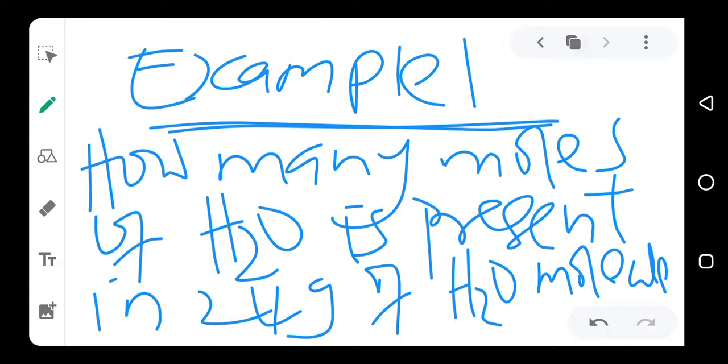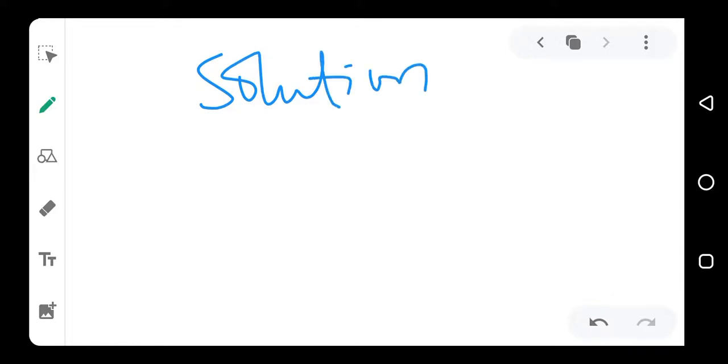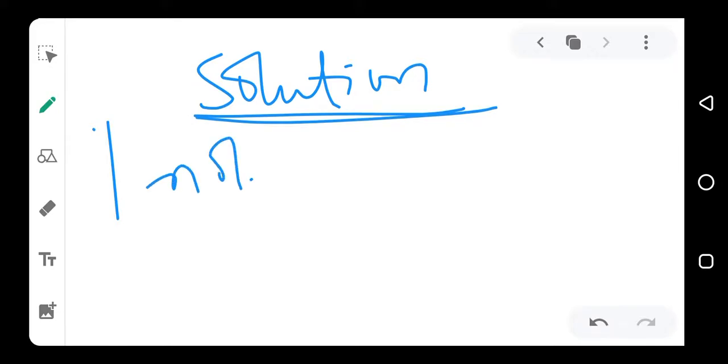To calculate this, solution: we say that 1 mole of any substance weighs the molar mass of the substance.